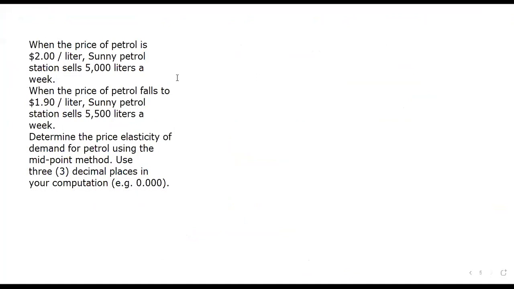The price of petrol is $2 per liter. Sunny station sells 5,000 liters per week. When the price goes to 1.9, we sell 5,500 per week. Using the midpoint method, how do we compute elasticity?